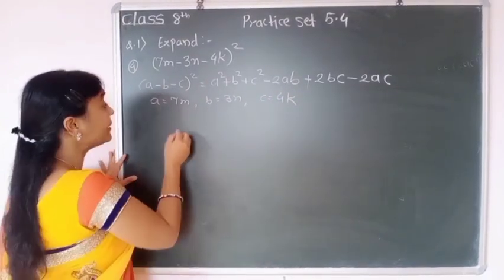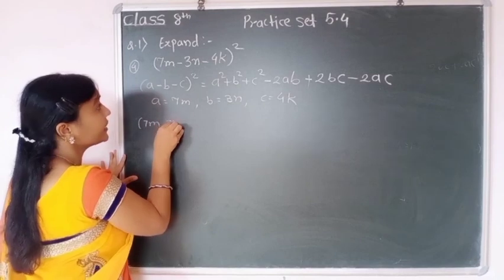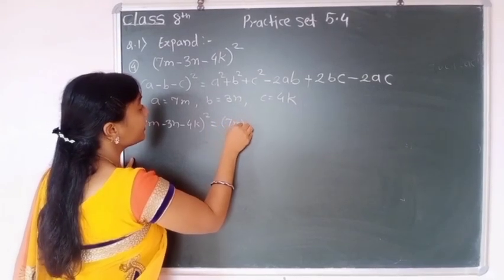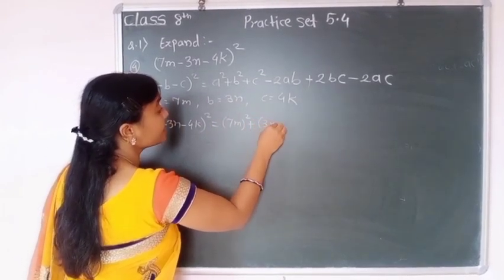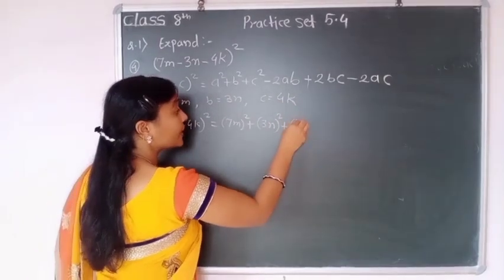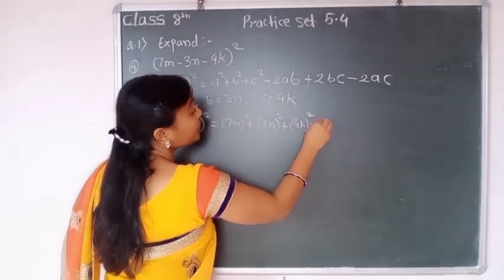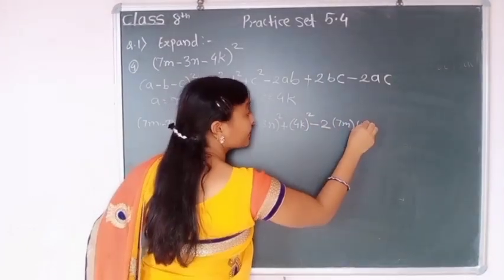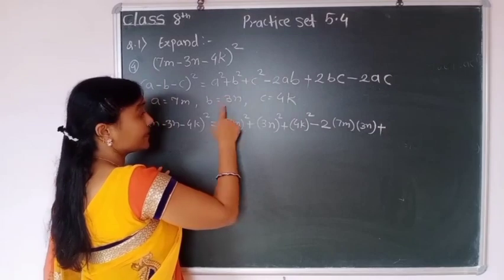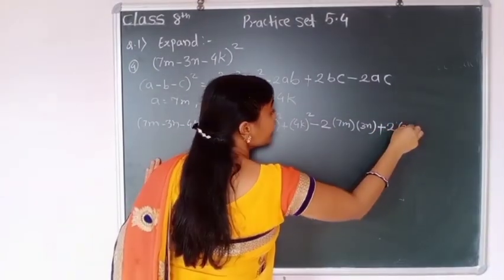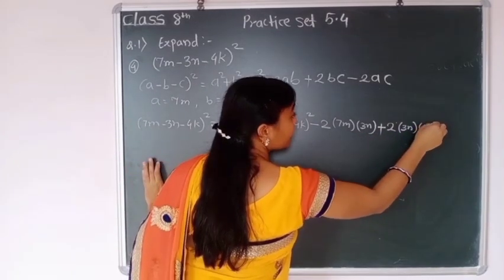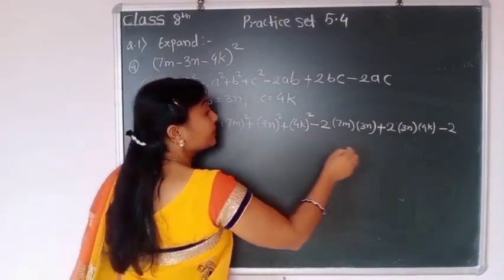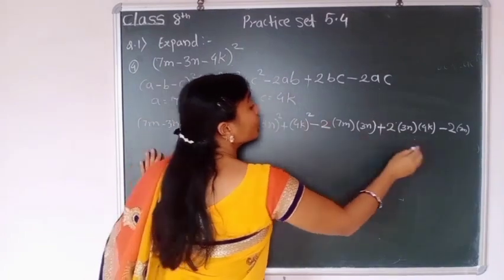Put these values in our formula. (7m minus 3n minus 4k) square equals a square, (7m) square, plus b square, (3n) square, plus c square, (4k) square, minus twice ab, A means 7m into B means 3n, plus twice bc, 3n into 4k, minus twice ac, twice a, 7m, into c, 4k.